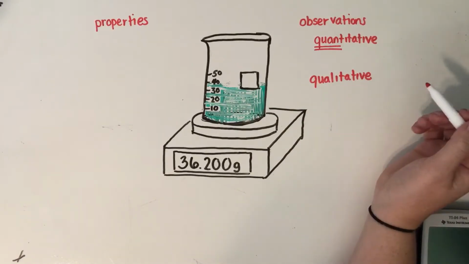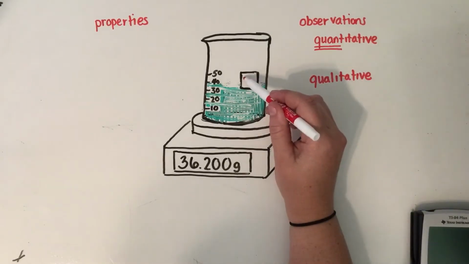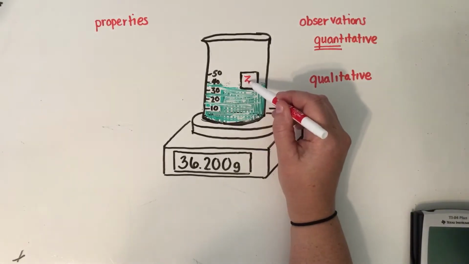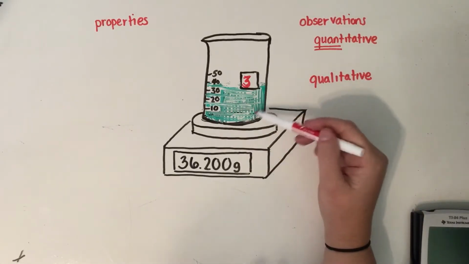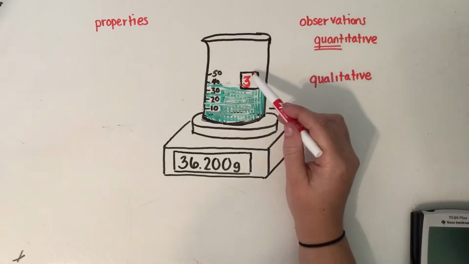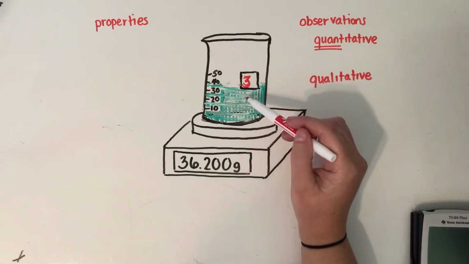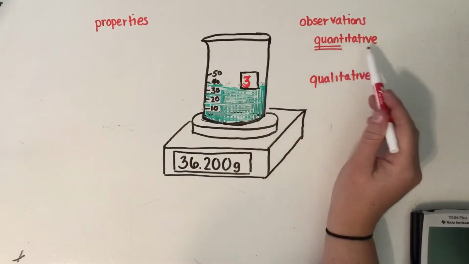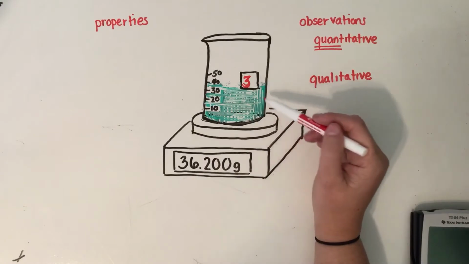The only exception to this that I have ever been able to think of is, let's say that we labeled this beaker with a 3. And we could say that sample 3 is green. Well, the fact that this has a number, sample 3, does not make our actual observation quantitative because the number doesn't describe the property.